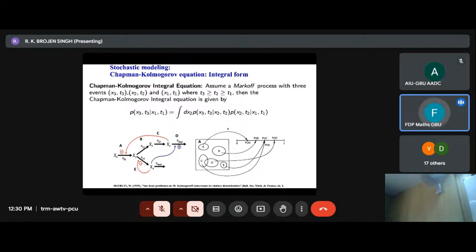But in the stochastic modeling, one has to see each and every individual interaction in the calculation, and one has to model it and try to see the trajectory of the event. And then one will see very interesting features.